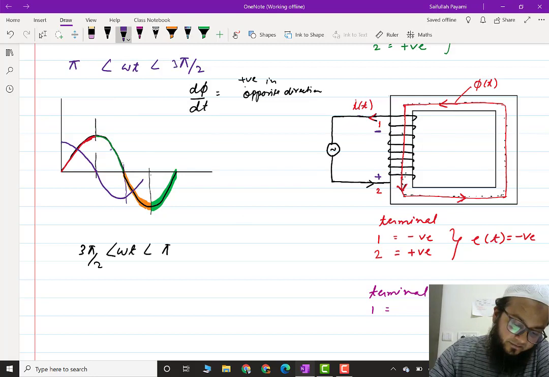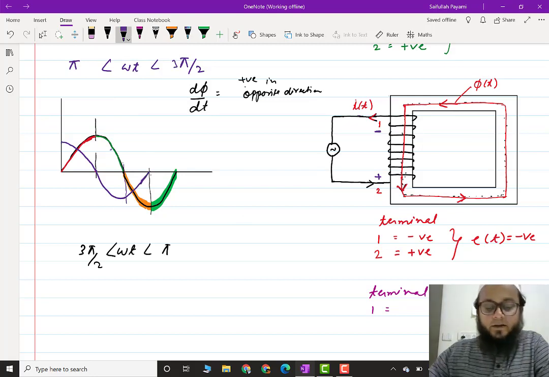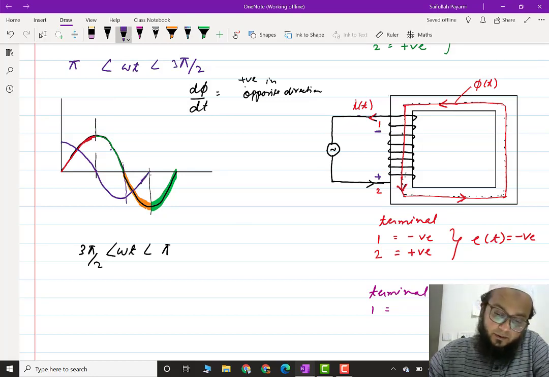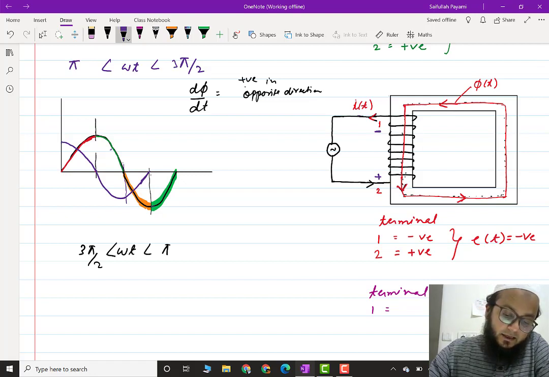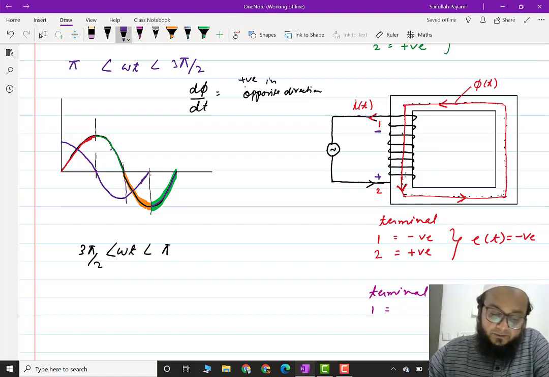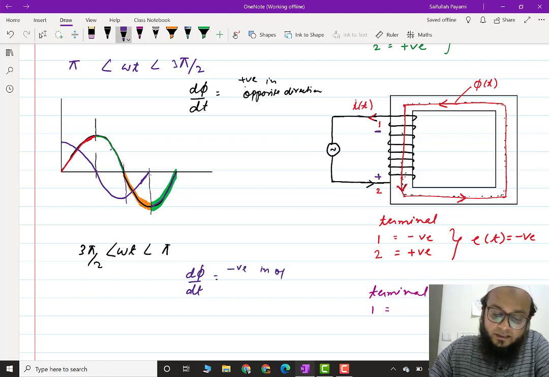Till here you have negative ET. Now in the opposite direction, here the flux is in this direction, the current is being reduced. That means MMF is being reduced, so obviously the flux will also get reduced. So here d phi by dt is actually negative but in the opposite direction, or it is decreasing in the opposite direction.